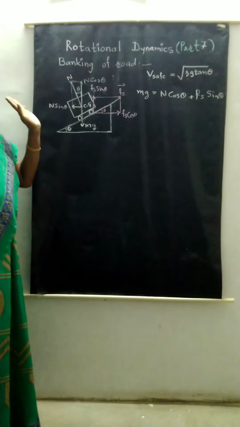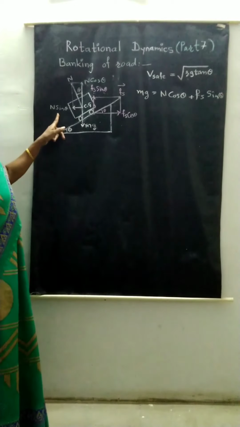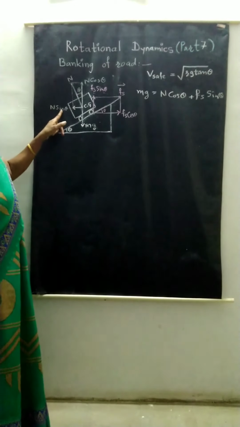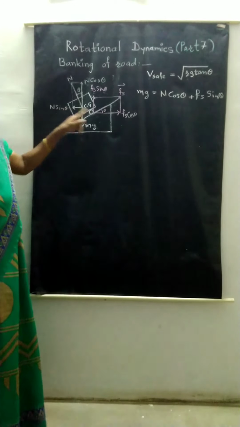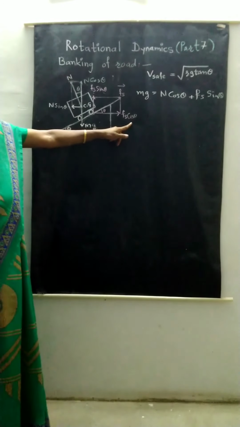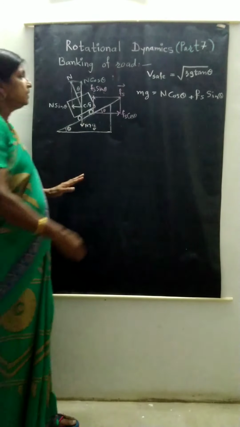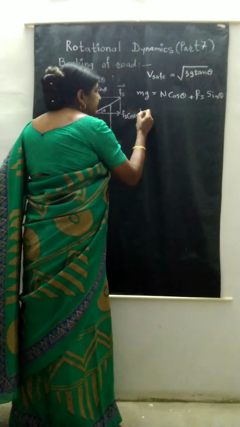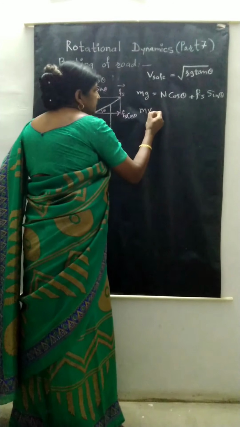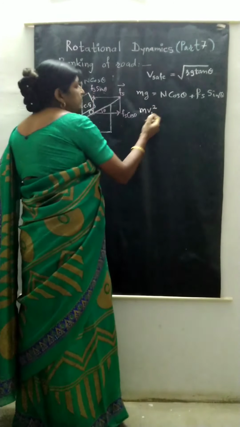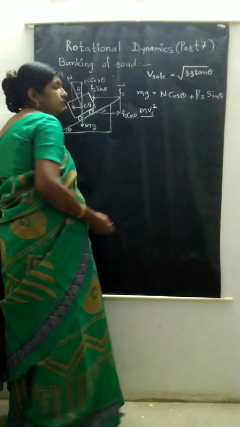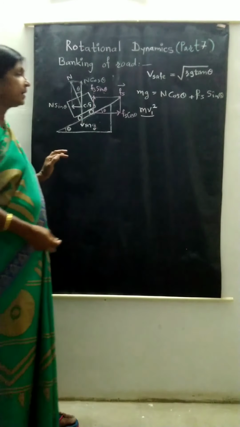As for circular motion, centripetal force is required. This N sin theta must be greater than this f_x cos theta. So the resultant centripetal force, in this case, let V1 be the velocity with which the vehicle is being driven.